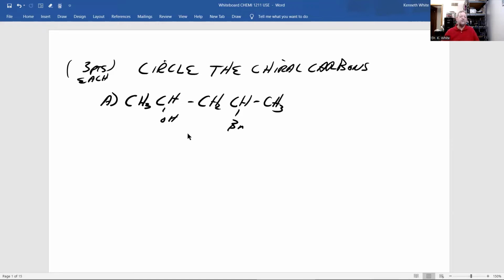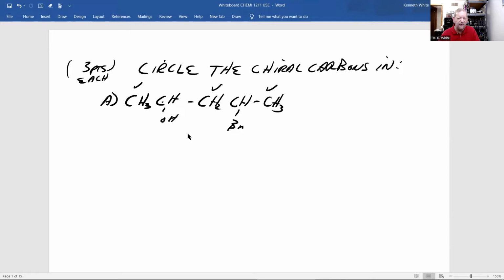The question is, 3 points each, circle the chiral carbons in A. Now, what's a chiral carbon? A carbon with 4 different groups, 4 different atoms, or a combination of 4 different groups or atoms. If a carbon has 2 or more hydrogens, it can't be chiral. So immediately this is out, this is out, this is out.